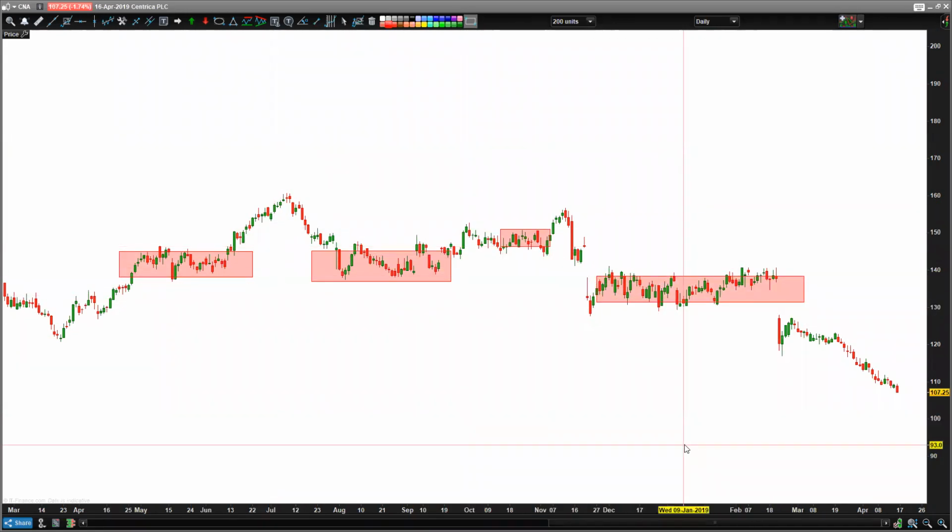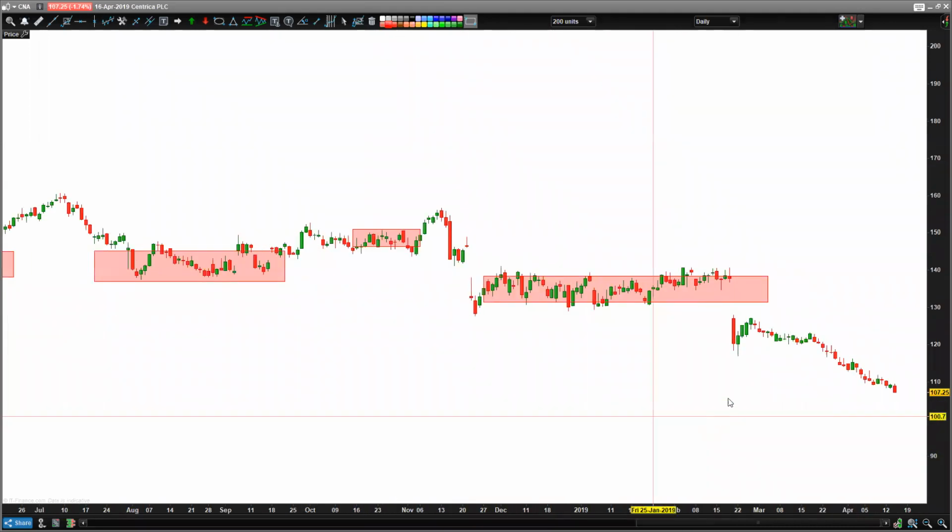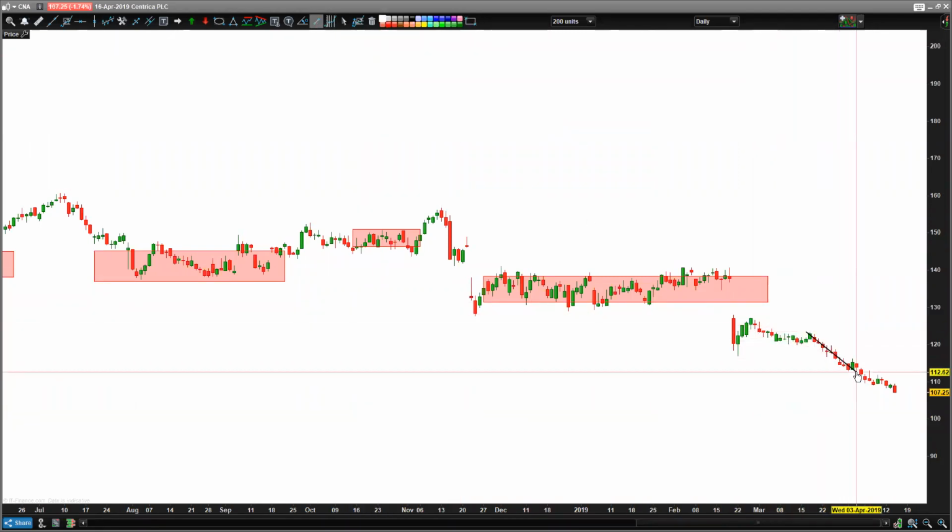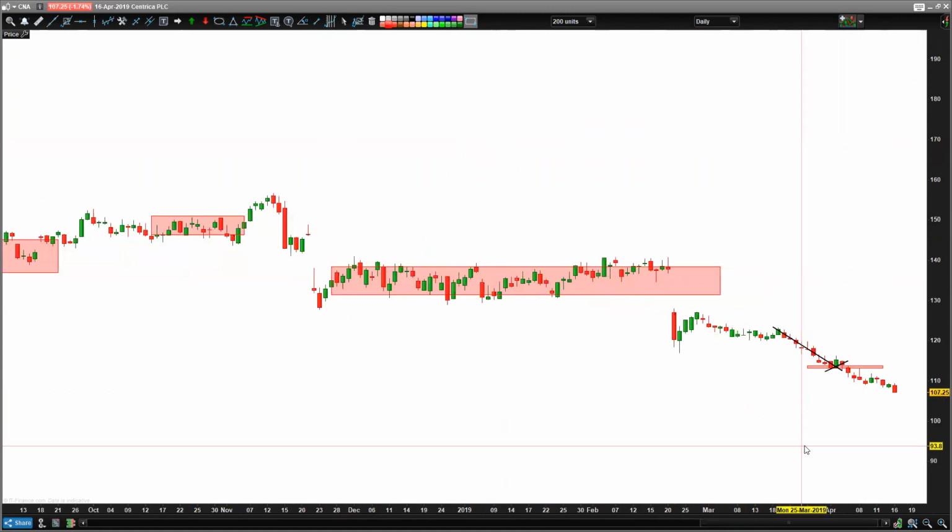However, I did risk a small amount of money here because we had a new low in this trend and an immediate close above here. So I bought a small position here, and we are still making new lows.